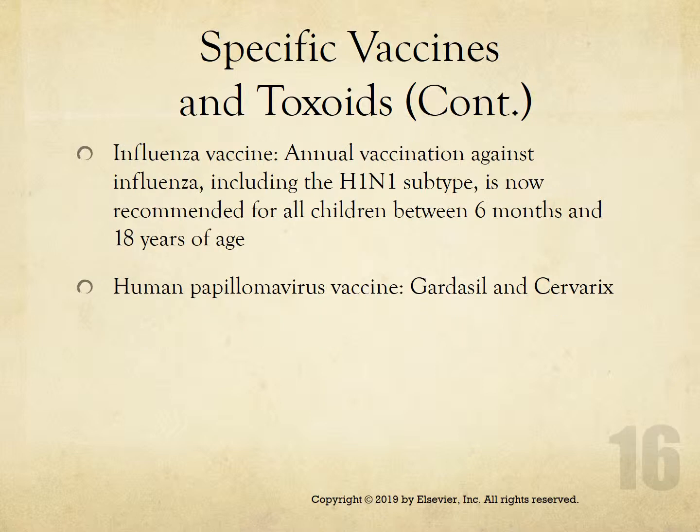Our flu vaccines are given annually, including the H1N1 subtype. It's recommended for all children between the ages of 6 months and 18 years, but anyone can get the vaccine, and it's recommended.